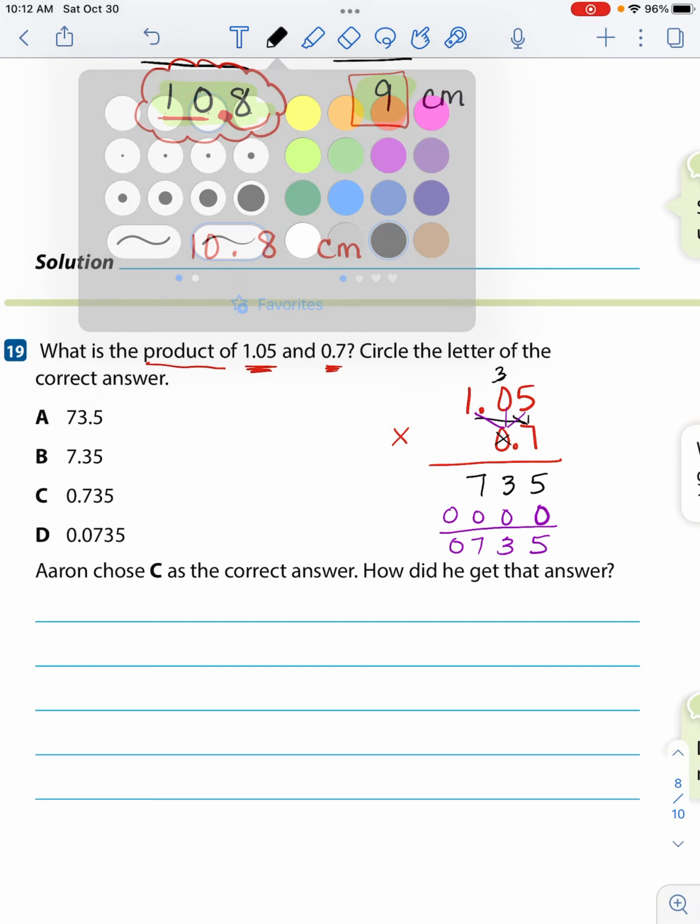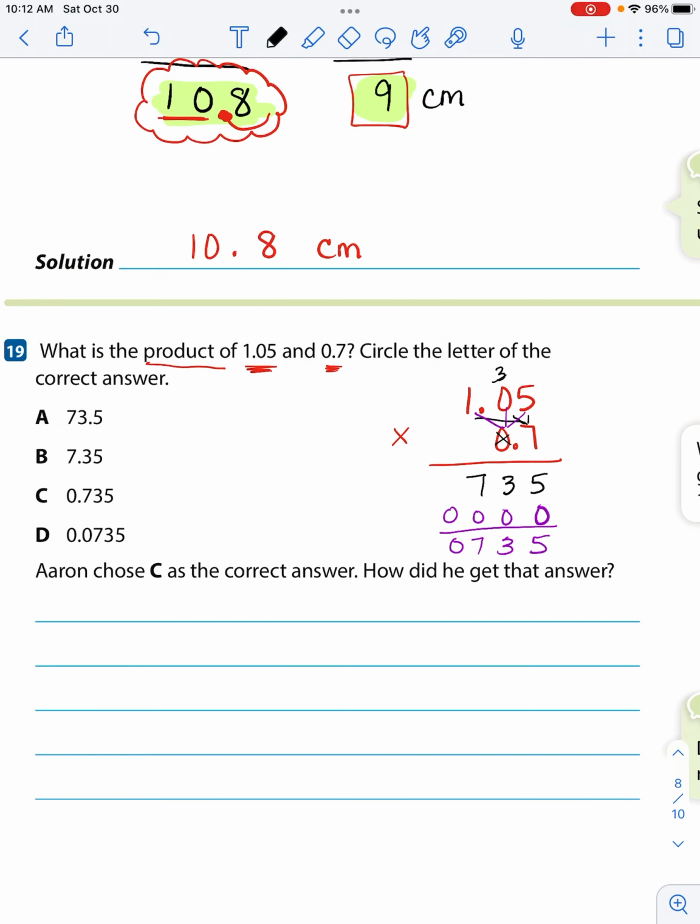We need to count the places to get each decimal point to the end. 1, 2, 3. Our decimal point is down here right now. We go backwards. 1, 2, 3. Oh, I sure am glad I put that 0 on the front. So my answer should be 735 thousandths, or 0.735, letter C.